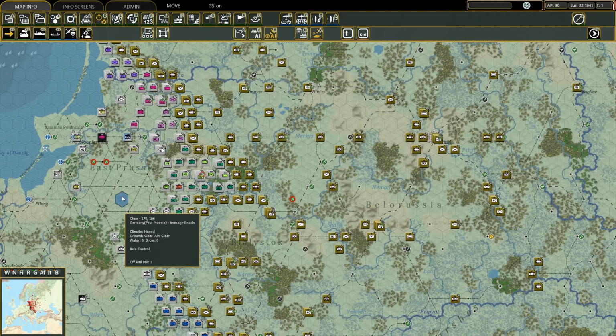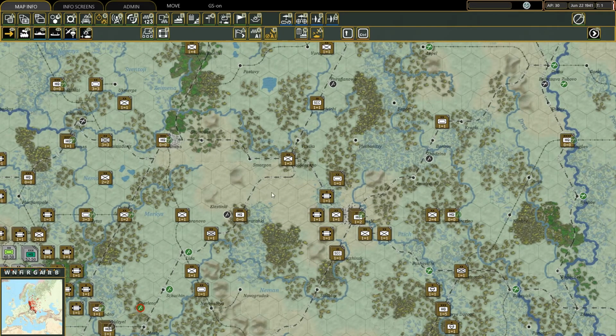And in regard to the hex pop-up window, in my opinion, I found this window to be really important when I wanted to get information about a specific hex. Of course, when playing with the fog of war, the amount of information that you get from enemy hexes depends on the amount of information that you have on that hex. But for instance, let's assume that I am about to close the Minsk pocket and I want to get information about, let's say, this hex over here.